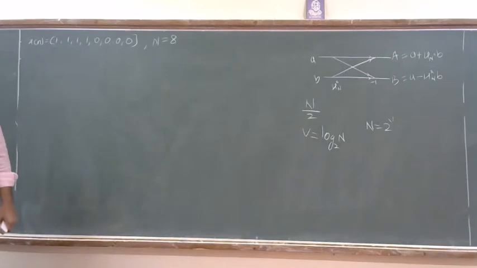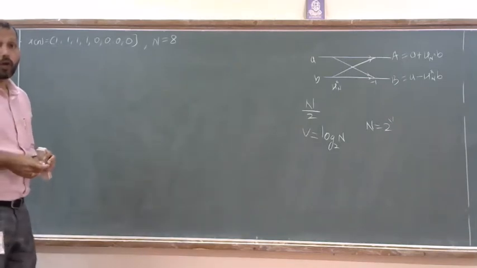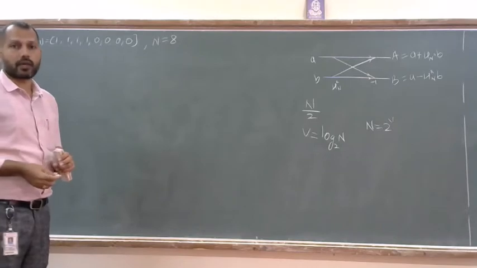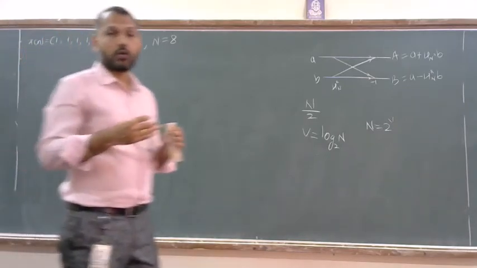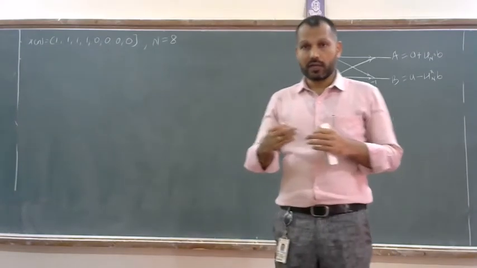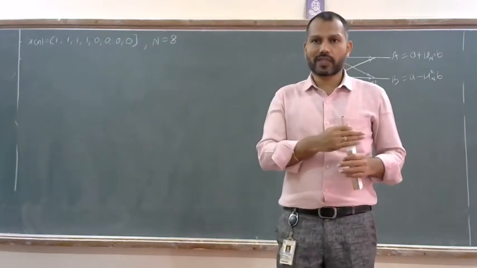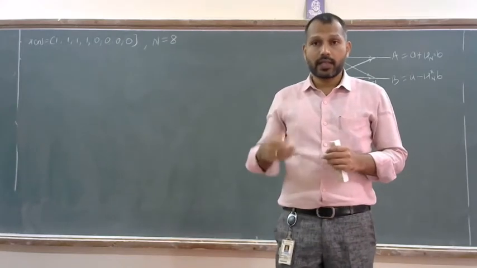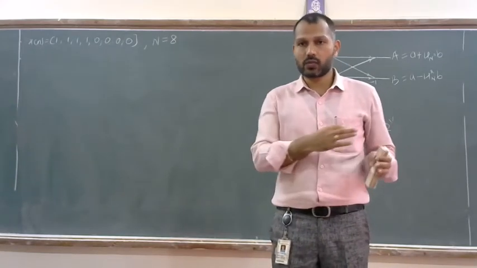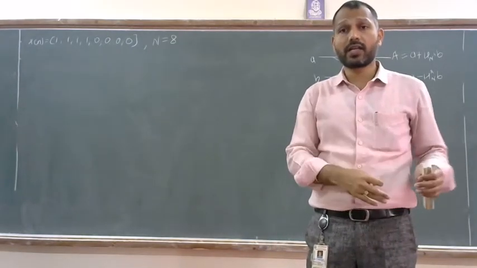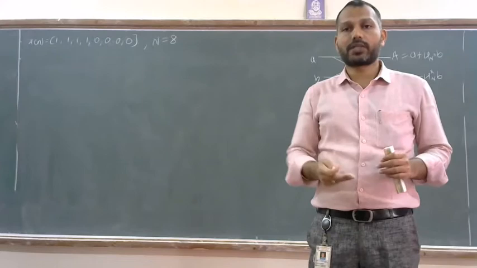So, for capital N equals 8, how many decimation stages will we be having, or how many times do we need to divide this sequence into even samples and odd samples? Then further, the n by 2 point sequences which have only even samples and odd samples from x of n will be further decomposed into 2-point sequences.